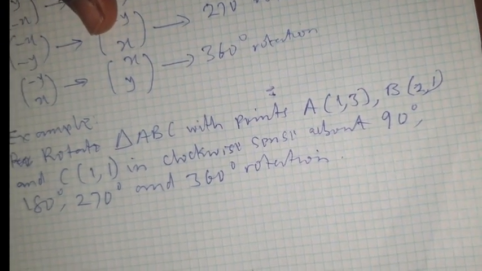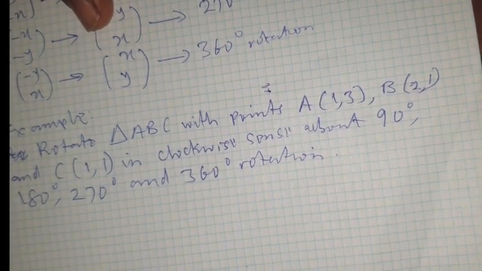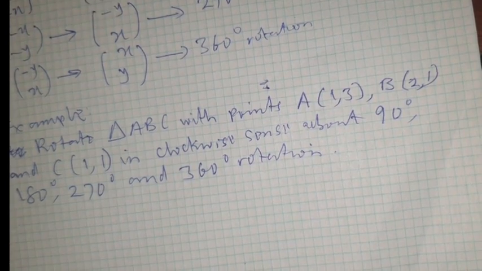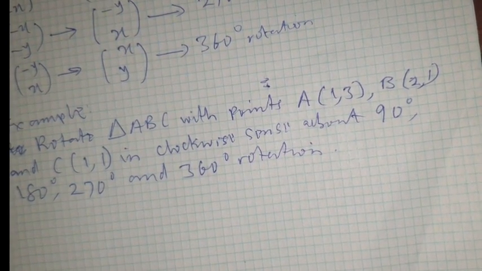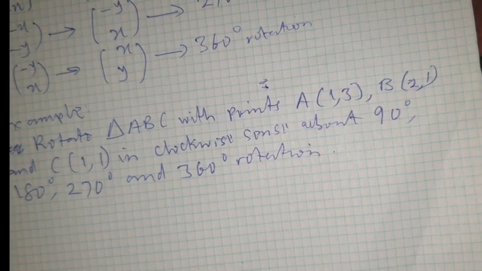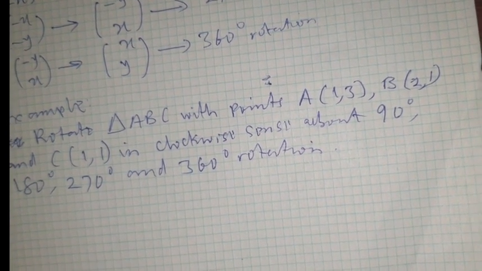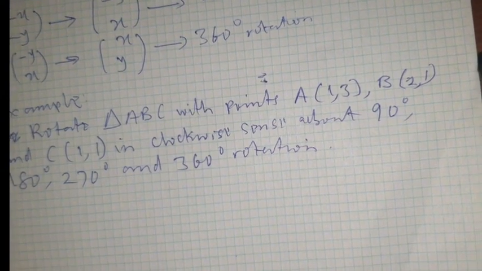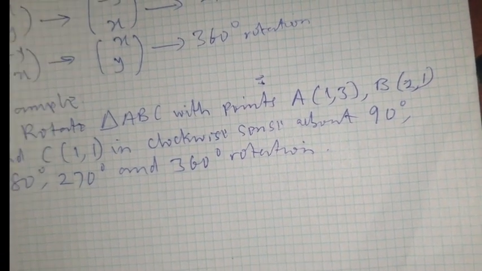The question says rotate triangle ABC with point A of coordinate 1, 3, B of coordinate 2, 1, and C of coordinate 1, 1, in clockwise sense about 90 degrees, 180 degrees, 270 degrees and 360 degrees rotation. So to rotate, the first thing to do is to show the calculation part.